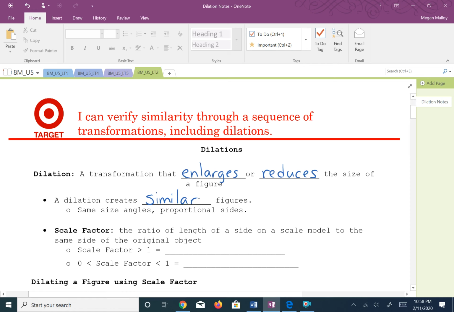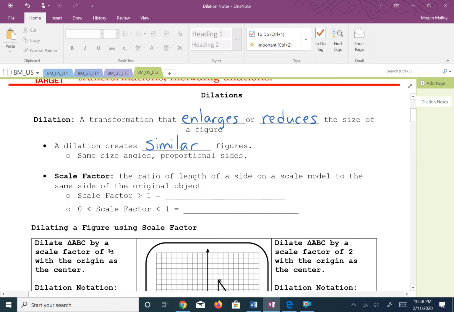So in order to dilate a figure, we need to know or find a scale factor. And a scale factor is the ratio of length of a side on a scale model to the side of the original object. So if we're dilating a figure and we have a scale factor that is greater than 1, that is going to enlarge the pre-image.